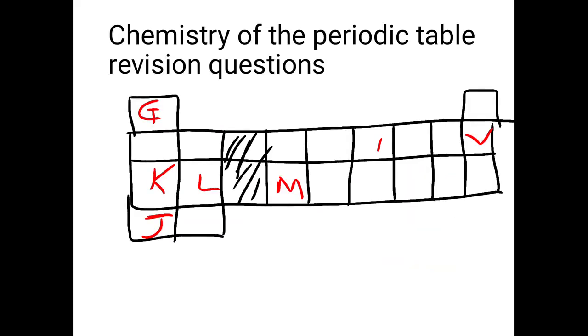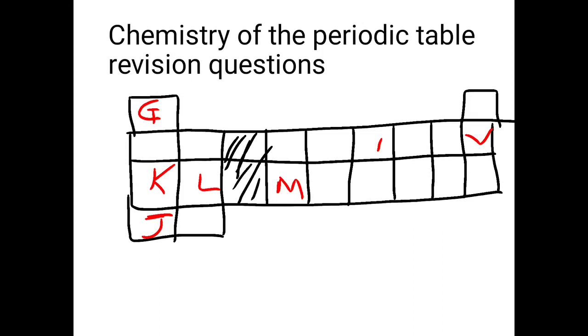We look at the next question. The next question is select elements which belong to the same chemical family. So remember that elements belonging to the same chemical family means that they have the same chemical properties, and elements can only have the same chemical properties if they belong to the same group.